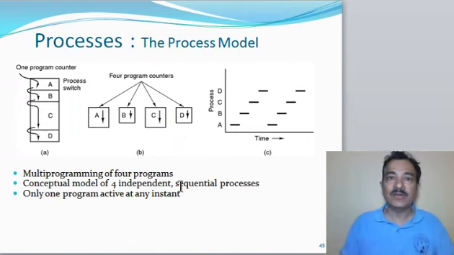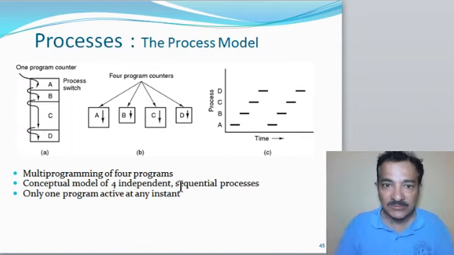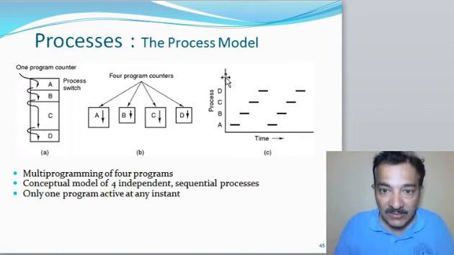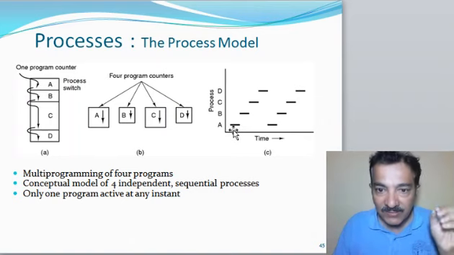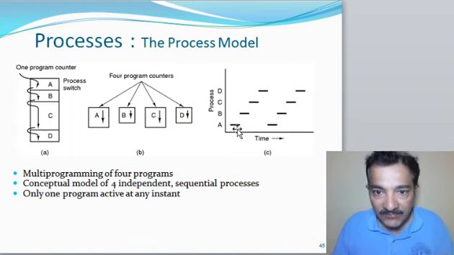Now, assuming you are working on a single core processor, the execution timing diagram is going to be something of this kind. It will first give process A for execution.